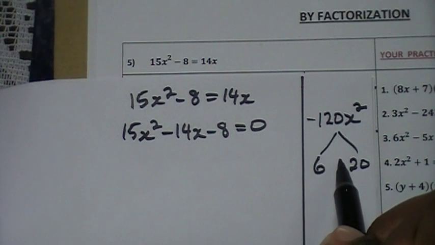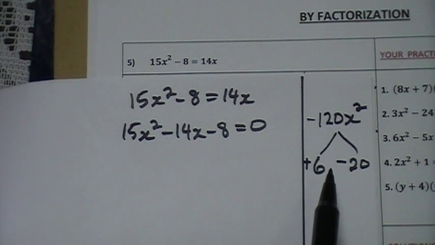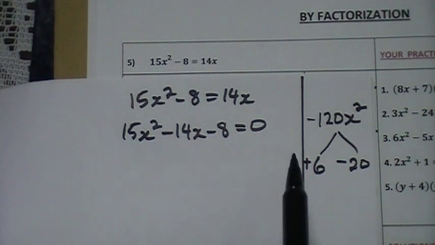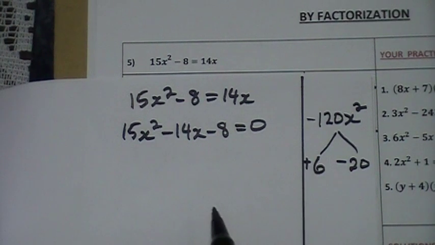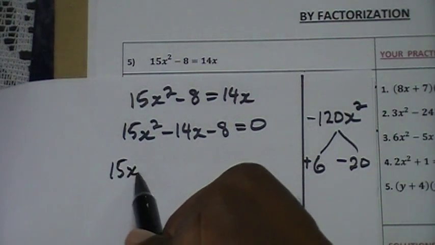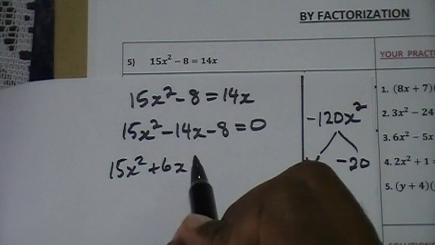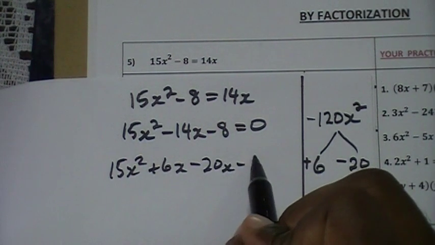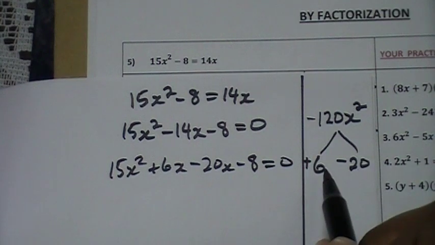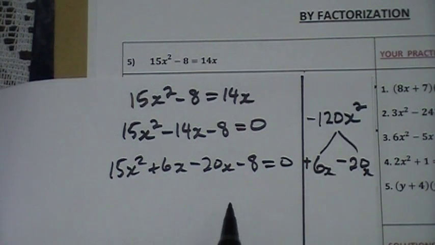Now this one will be the negative and this one the positive. Why? The sign of the middle term must go on the bigger one. Okay, so let's continue. 15x squared plus 6x minus 20x minus 8 equals 0. Ensure that you know that these must be x terms.